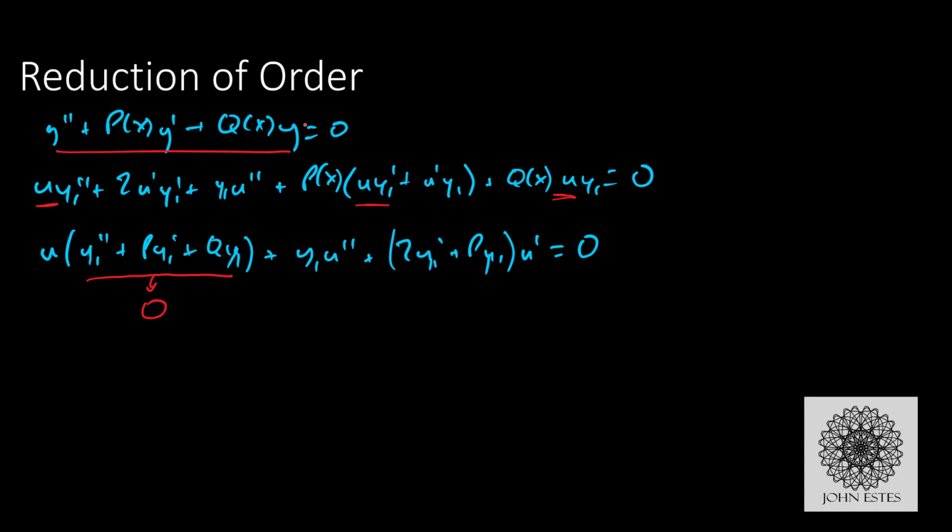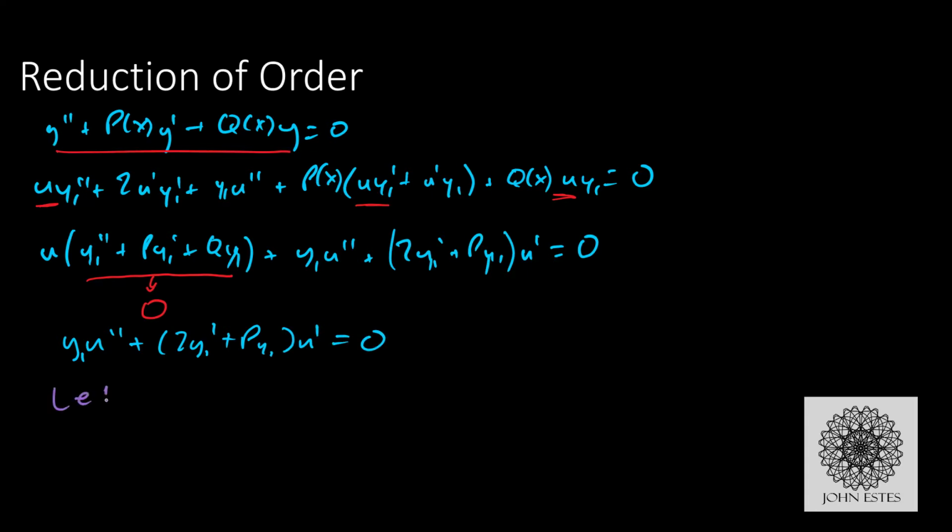So then we're left with just y1 u double prime plus 2y1 prime plus p y1 times u prime equals 0. And here's our trick.